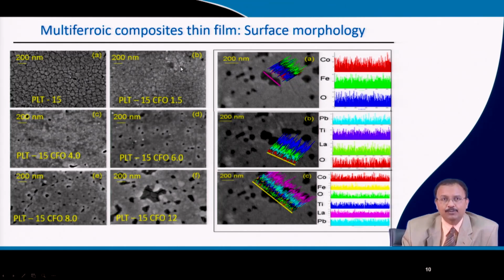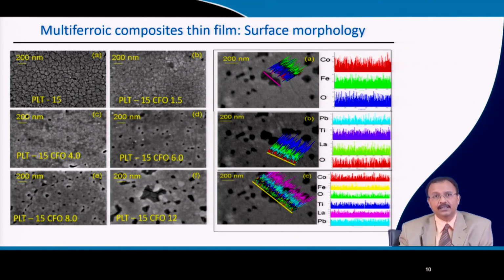For a very small volume content you cannot readily identify it, but progressively it increases, initially from 1.5 volume percent, which is too small, then 4 volume percent, then 6, then 8 volume percent, and once you go above 10 volume percent, you can start seeing the cobalt iron oxide, pretty well distributed inside the matrix.